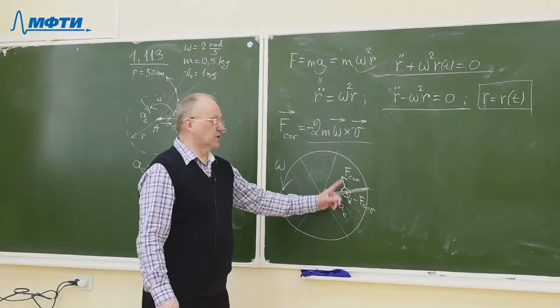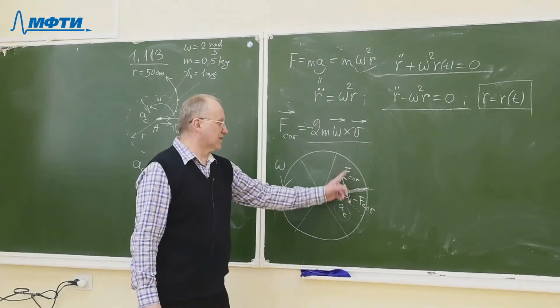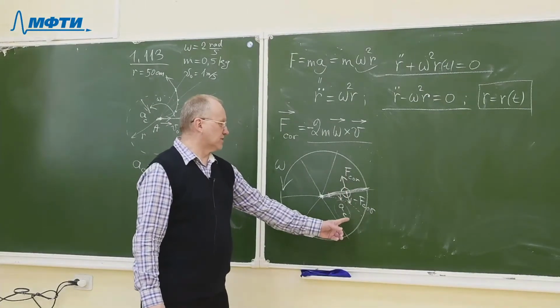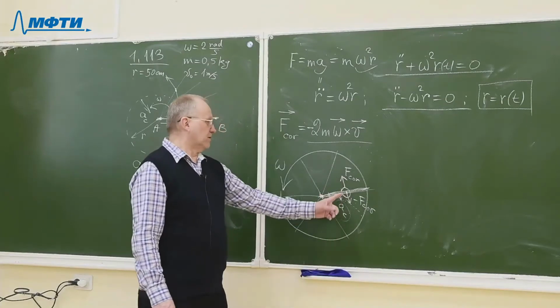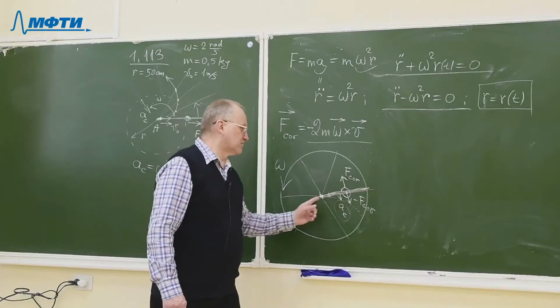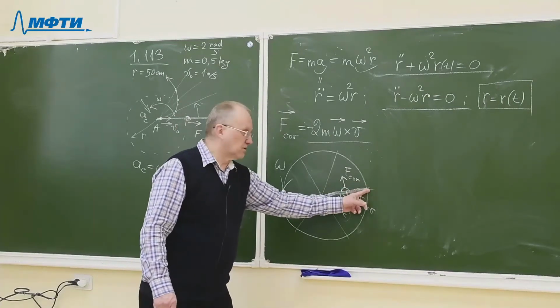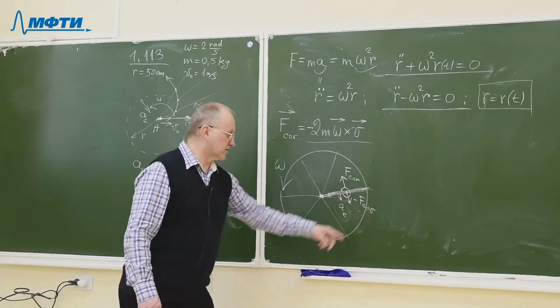So there are two Coriolis forces according to Newton's third law. Two forces equal in magnitude and oppositely directed and applied to different bodies. One force is applied to the ring, which slides without friction along the rod, and another force is applied to the rod from the ring in opposite direction.